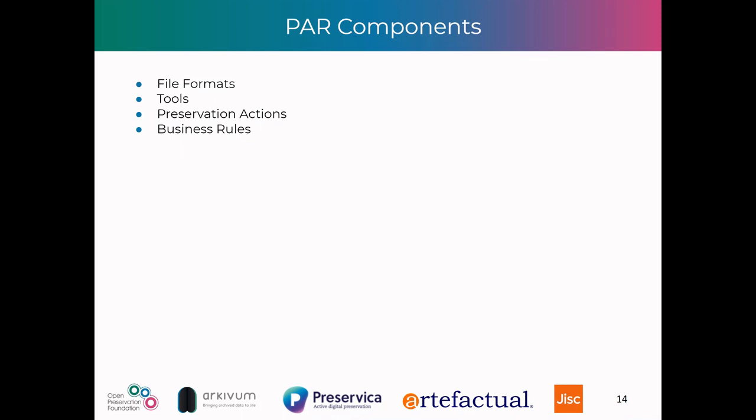Or if it's a migration action, you'd be looking at things like what input files are required to run this and what set of output files you might expect to be created.